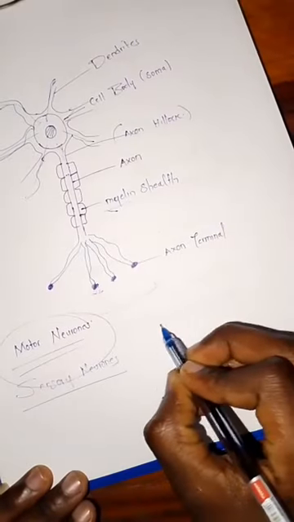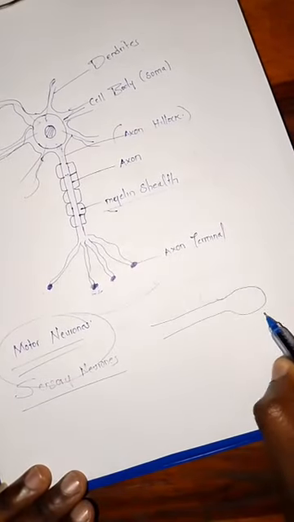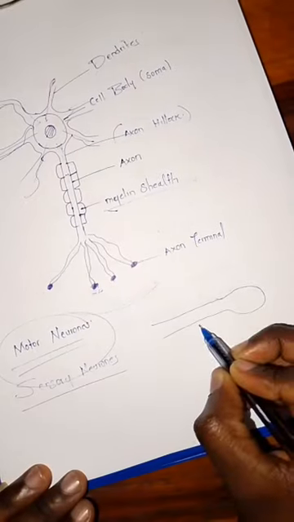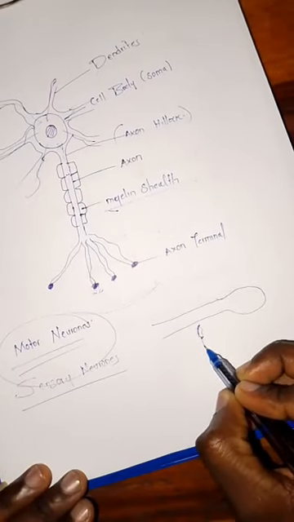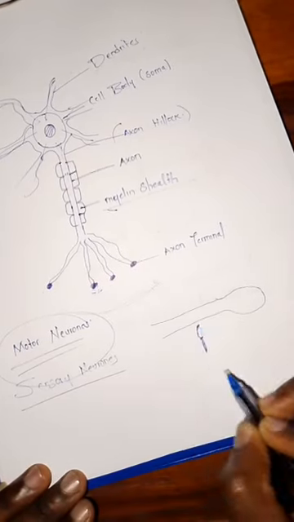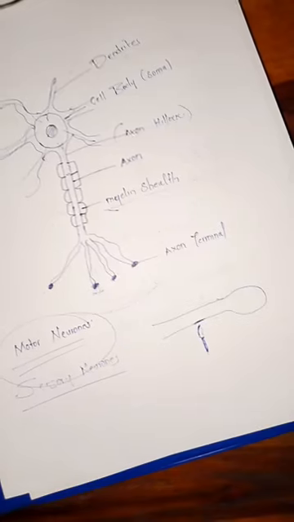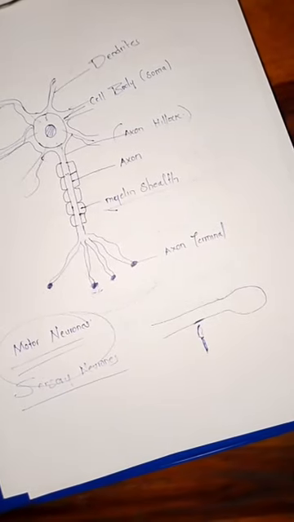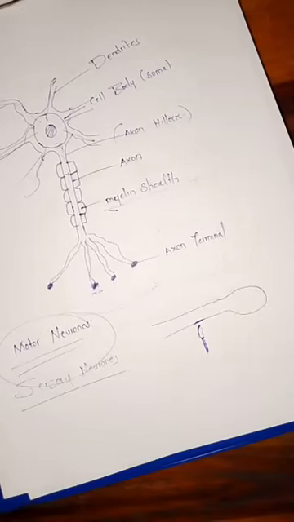So let's say this is your hand, and there is a flame here. Say there is a candle just beneath your hand. So this candle will be burning this part of your arm. What will happen is that the sensory neurons will detect that there is a burning sensation at this particular portion of your hand.